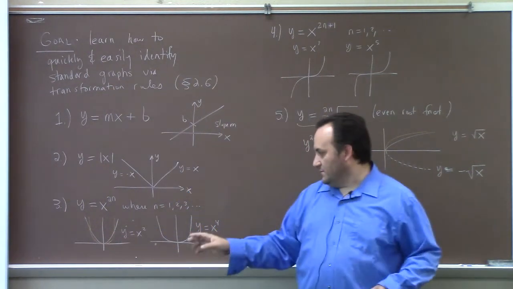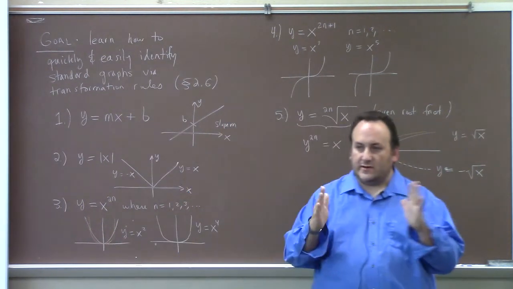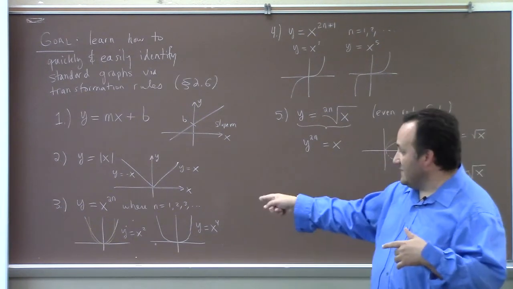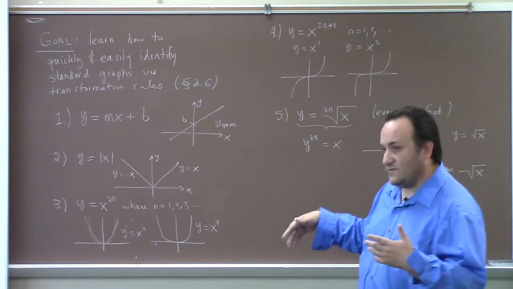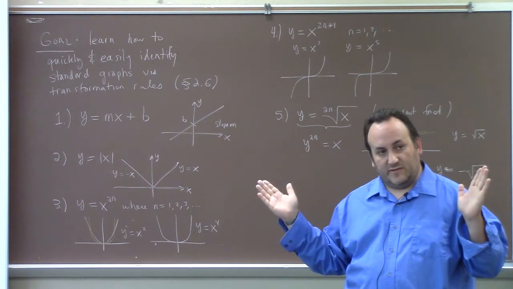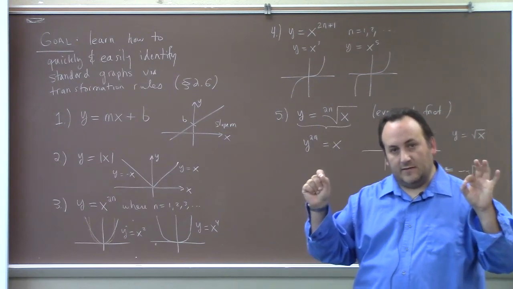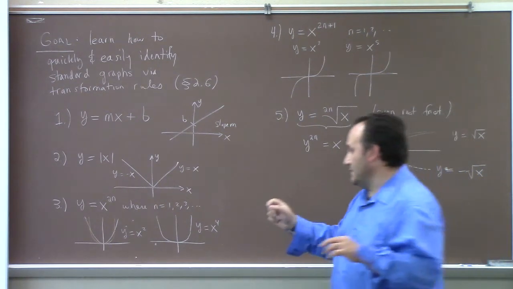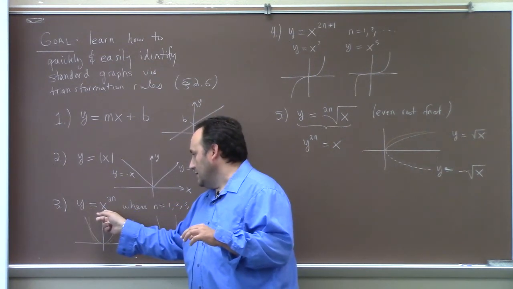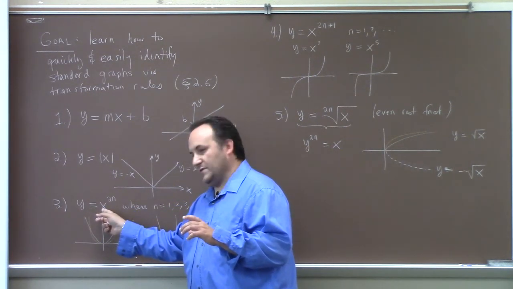The fourth root is below the square root when you're less than 1. But once you get beyond 1, it grows faster. x to the fourth is smaller than x squared if you're less than 1, but it's larger than x squared if you're greater than 1. So they cross at 1, 1 or minus 1, 1. Like these guys, they all have the points 1, 1 and minus 1, 1 in their graphs.